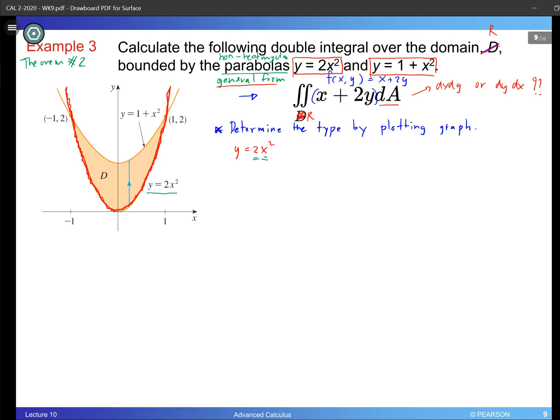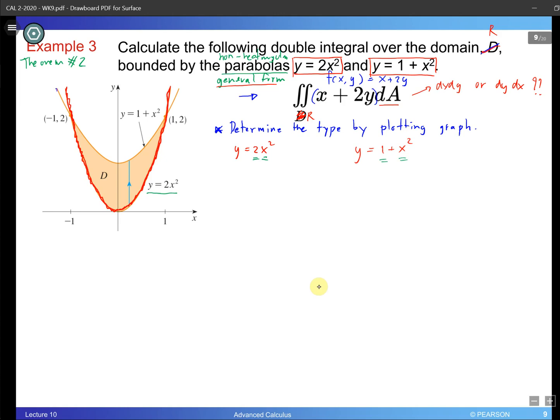Now let's take a look at the second curve that we have, second parabola, and that's going to be y equal to 1 plus x squared. So this one is going to be a parabola again, x squared, but this time around it's going to be shifted up 1 unit. That's how we get this second parabola right here. I'm going to use blue this time for the second curve.